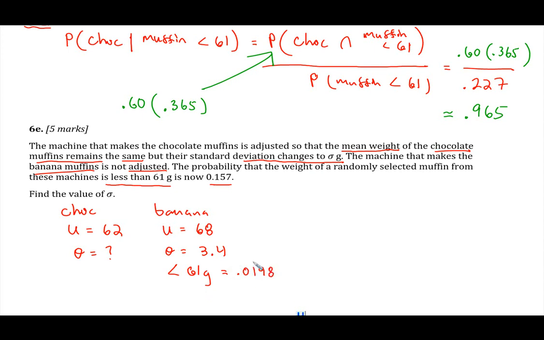So if we take the chocolate muffins, 60% made per day, times some value we don't know, plus banana muffins, 40%, times 0.0198, that's going to give us this new value, 0.157.